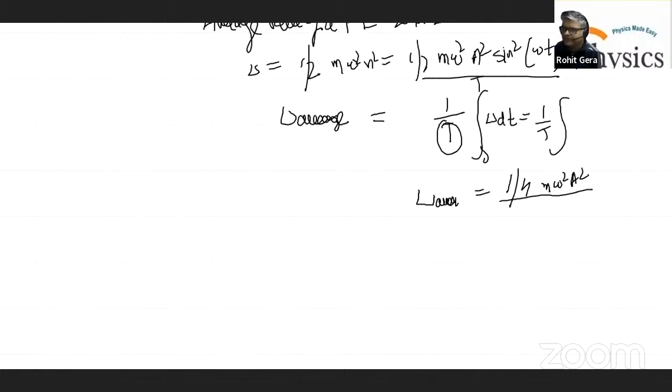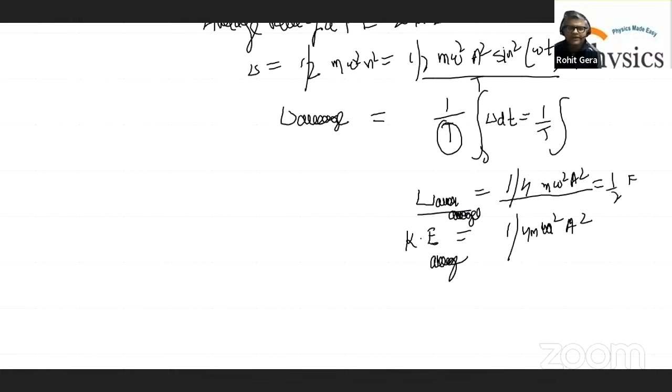Okay? उसी तरह से काइनेटिक एनर्जी की अगर आप एवरेज निकालना चाहोगे तो वो भी 1/4 m omega square a square. So these are the averages of the energies over a cycle. Complete cycle निकालने का बोलते हैं जब, which means it is half the total energy, half of E total. Total mechanical energy का half ही है E total.